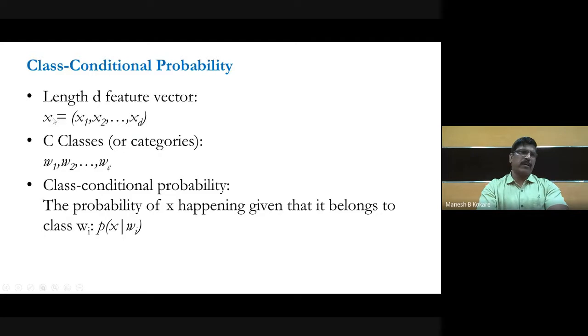So the feature vector X is represented as a vector, and if your classes are W1, W2, up to WC, or C1, C2 up to CN, then you have to calculate the class conditional probability, the probability of X happening given that it belongs to class Wi, by using the Bayes approach.